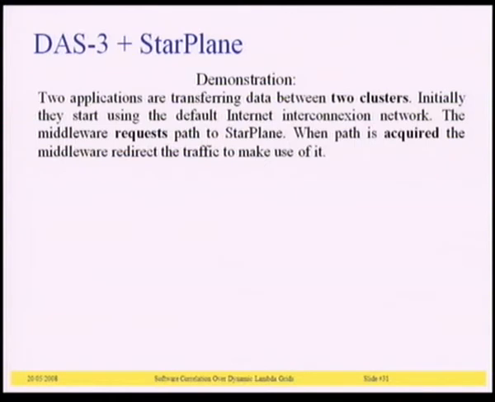This application used the normal socket API and a middleware to hijack the socket API and query the Starplane management plane, and if a path is available, the middleware will redirect the traffic from the normal 1 gig network to the 10 gig interconnection network.